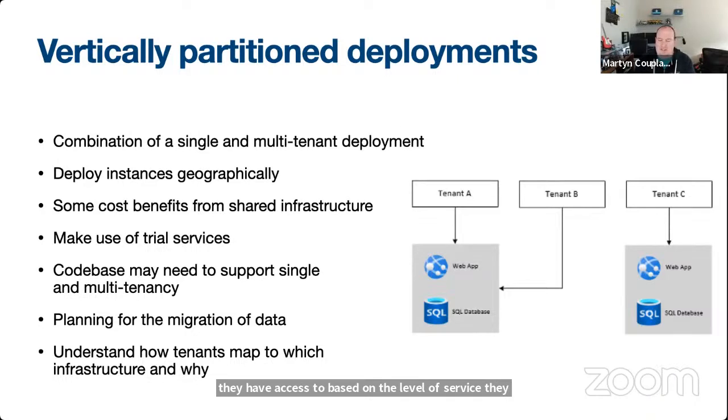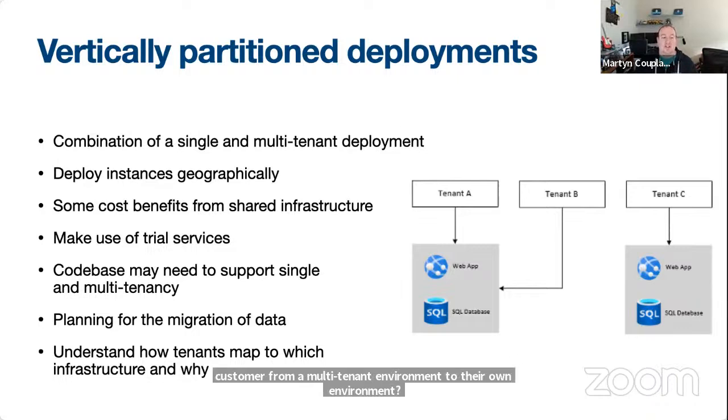From a risk perspective, from a code-based perspective, your code has to support both multi-tenant and single-tenant deployments. So you need to think about what that would look like from a code perspective. If you allow a migration between service tiers, how would you migrate a customer from a multi-tenant environment to their own environment, and vice versa as well?